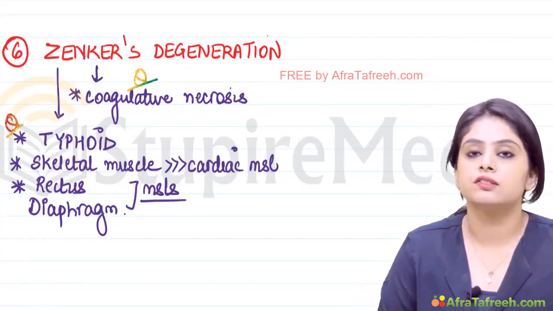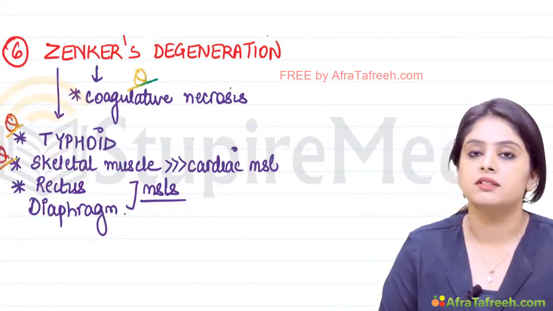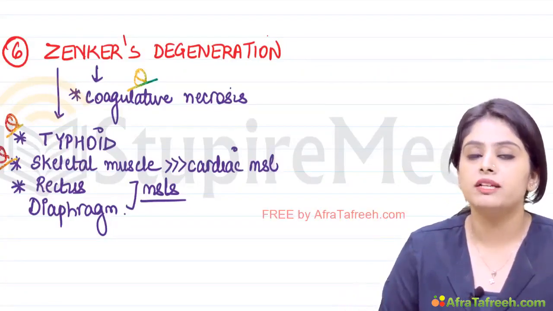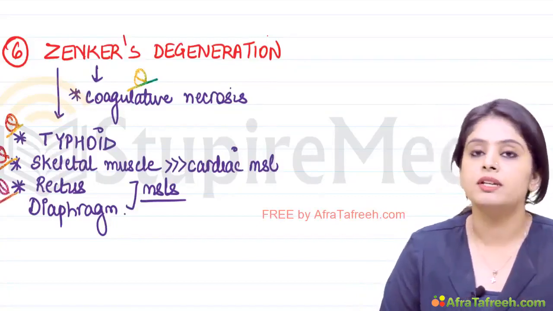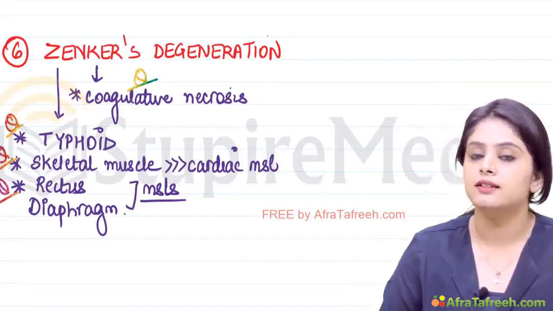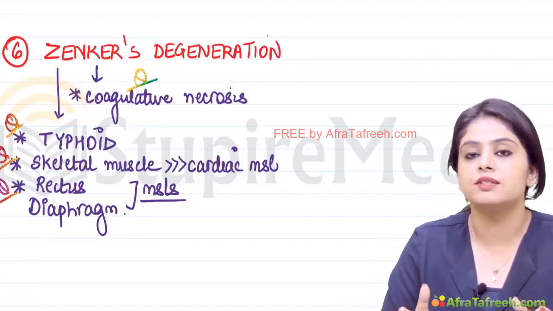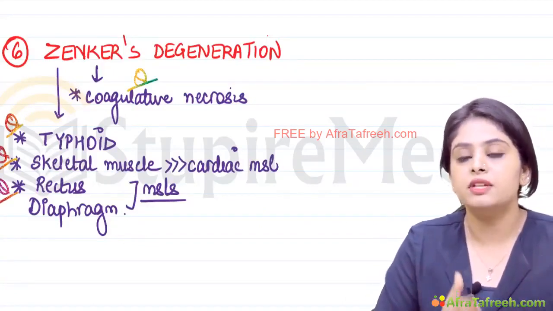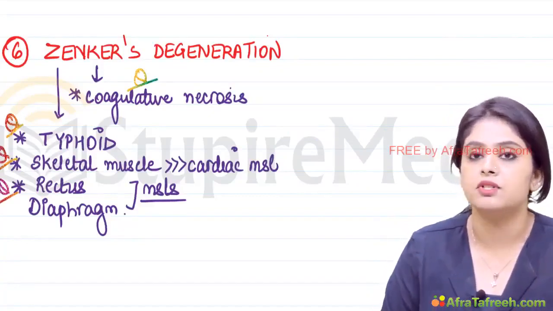Where is this necrosis seen in a patient of typhoid? It will be seen in the muscle. Which muscle most commonly? Skeletal muscle. Which muscle group commonly? The rectus and the diaphragm. So every word and every sentence that I've told you about Zenker's degeneration are either previous year questions or potential questions, very high yield information.